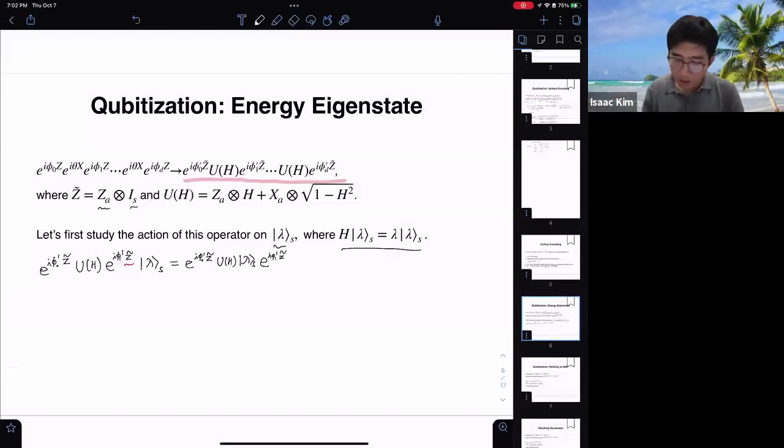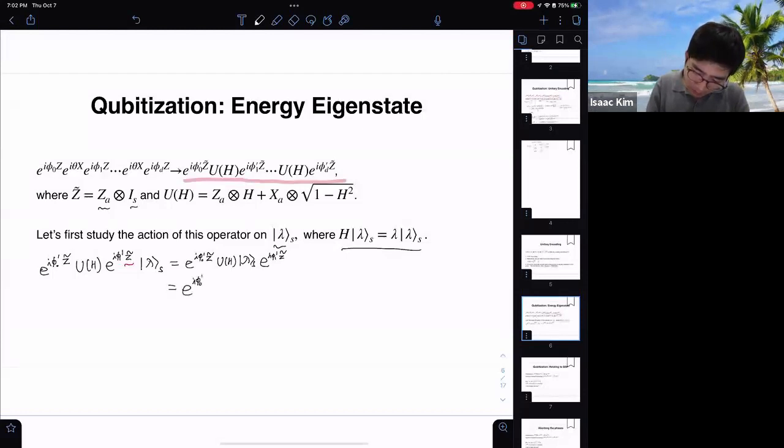Okay, and then now we see that U of H has a very nice form, which is exactly this.